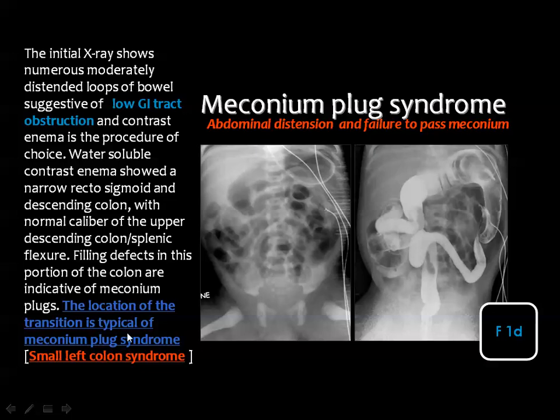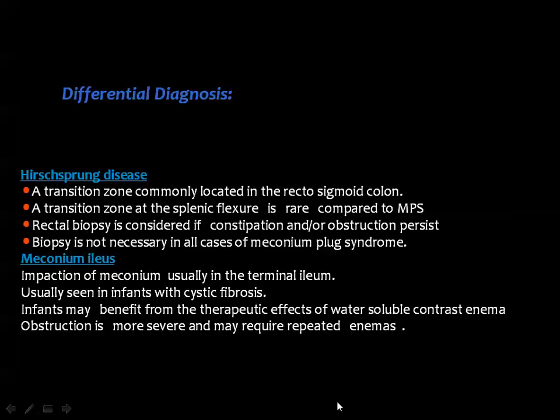The location of the transition is typical for meconium plug syndrome, or what is known as small left colon syndrome. This small left colon syndrome is suspected to be due to inspissation of mucus plugs into the distal part of the colon, particularly in the sigmoid region.